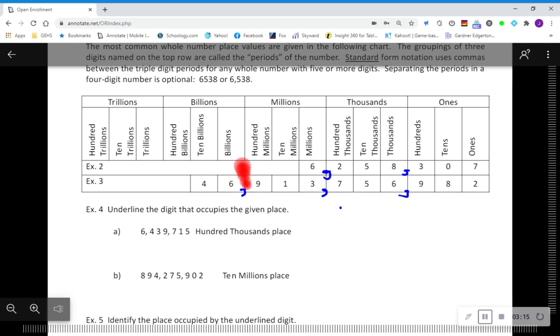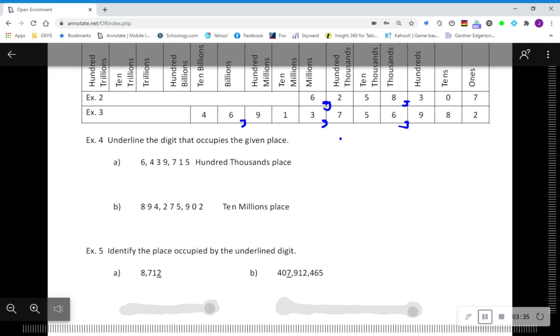So you say 46 billion, 913 million, 756,982, and that's ones, but you almost always leave that off unless you're just trying to explain that it's times 1. Notice that I didn't use the word and anywhere in that. The word is used for decimal points, and we don't have decimal points in these examples.